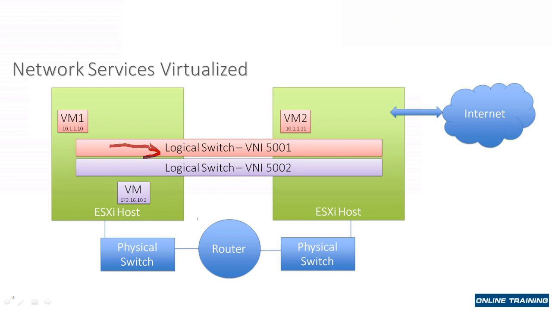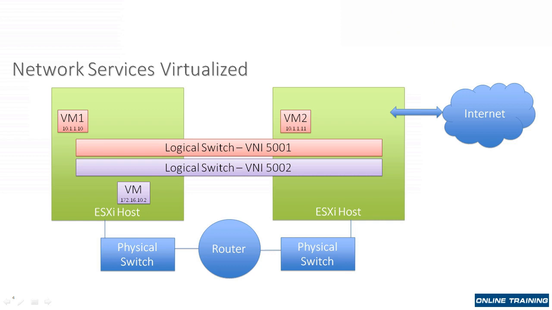If I decide to create a new distributed switch or a new standard virtual switch, I have to create all of the matching VLANs in my physical hardware. Right? I have to set up my router to route those VLANs. If I create a new logical switch, everything is contained within my virtualized network, and I do not need to make any changes to the physical hardware.